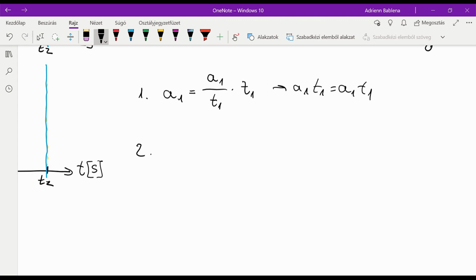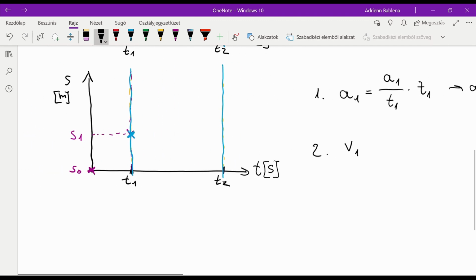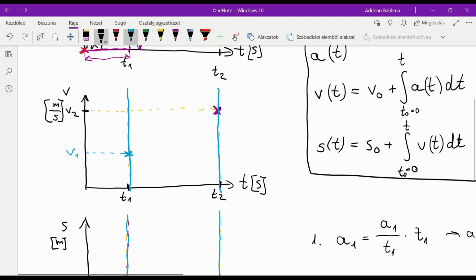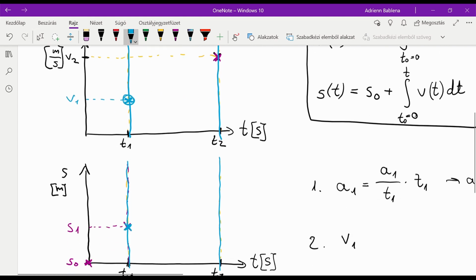Second one, the endpoint of the first section: at t1 our velocity reaches some v1 value.